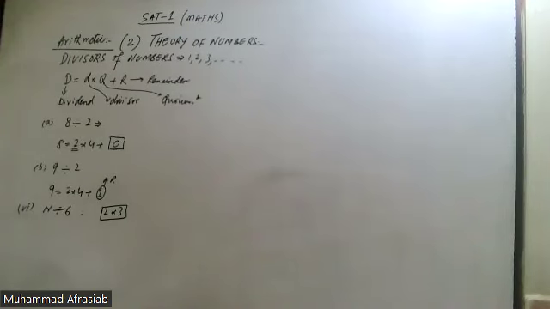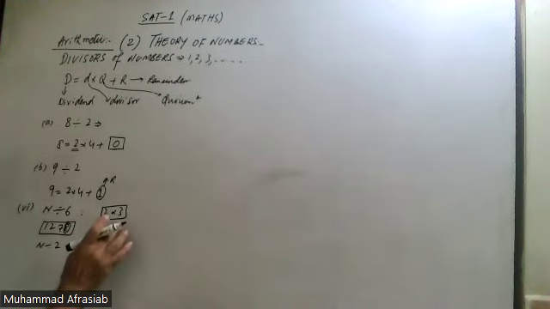1278. This is the number. Now, for divisibility by 2, since the last digit is even, it is divisible by 2.